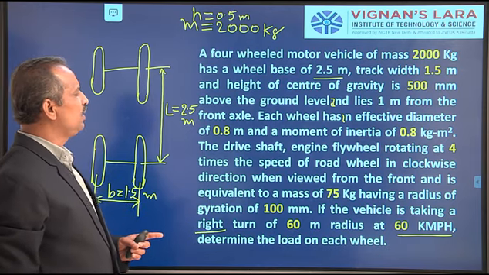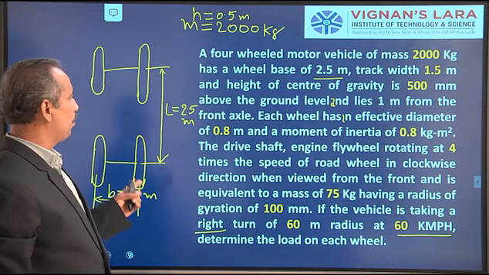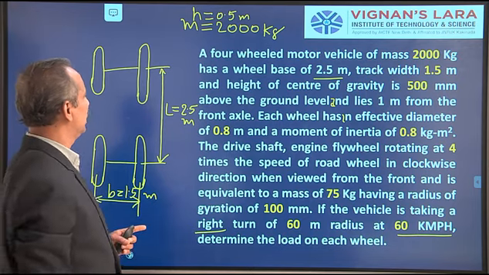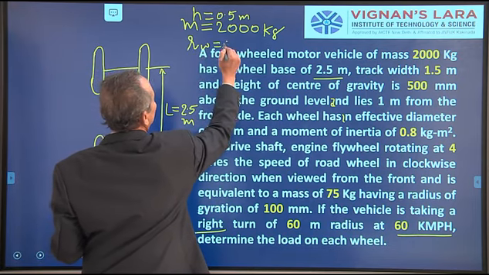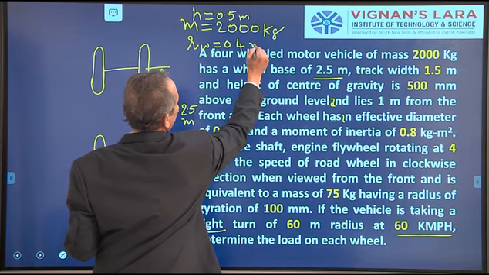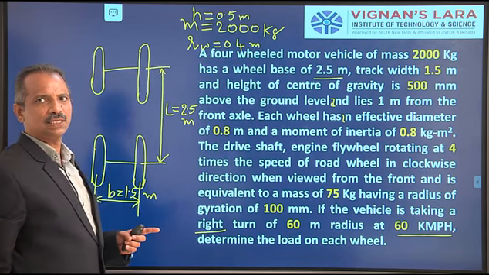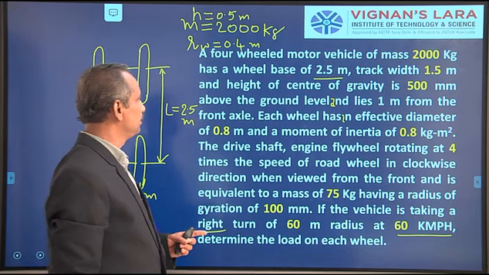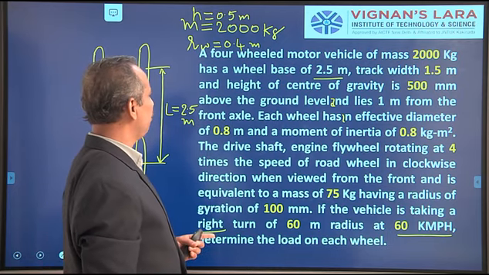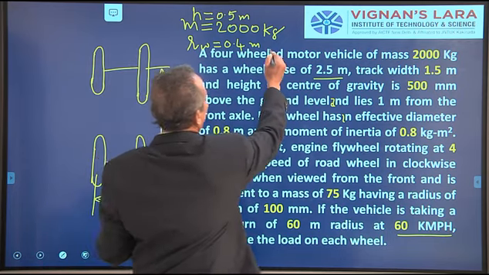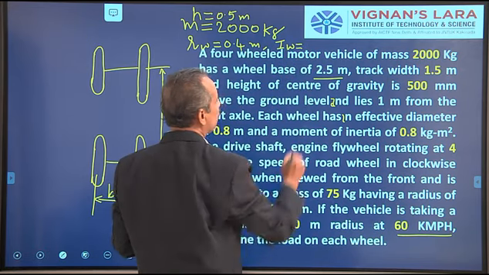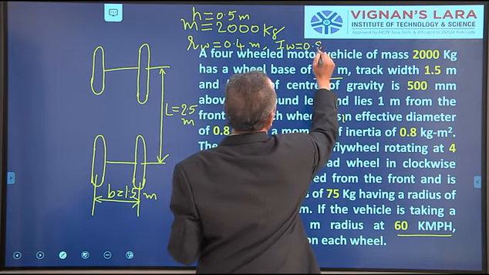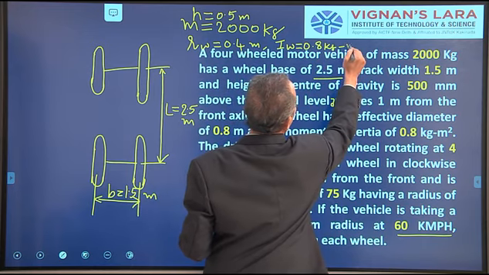Then each wheel has an effective diameter of 0.8 meters, so the radius of the wheel is half of it, that is 0.4 meters. And its moment of inertia, I wheel, is 0.8 kg meter square.